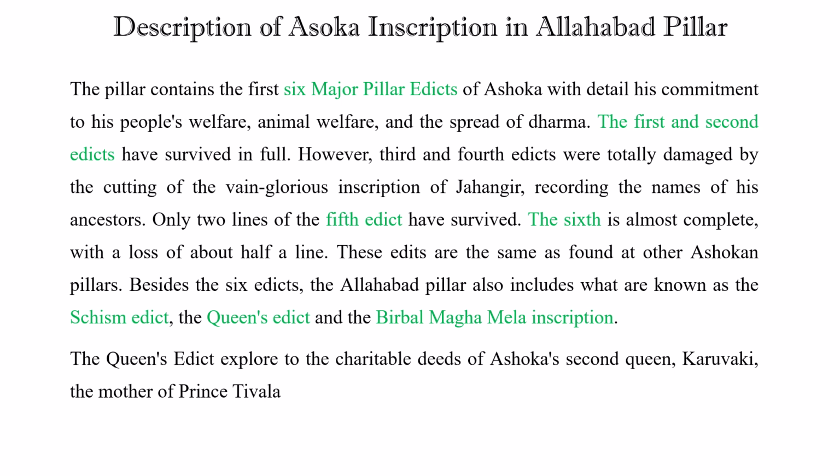However, the third and fourth edicts were totally damaged by cutting off for the vainglorious inscription of Jahangir recording the names of his ancestors. In this inscription, only two lines of the fifth edict have survived. The sixth is almost complete, with a loss of half a line.